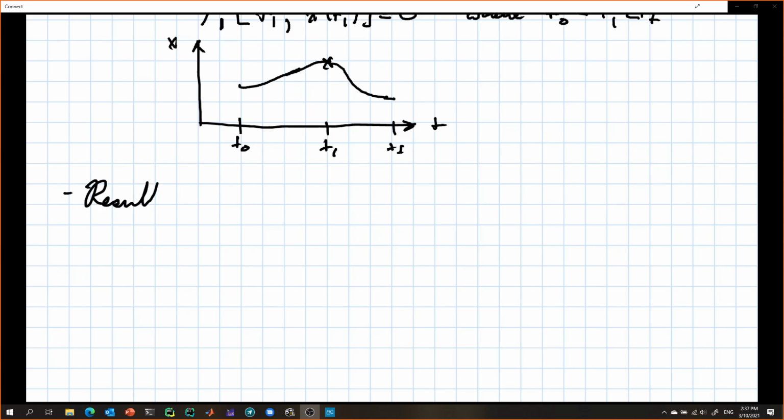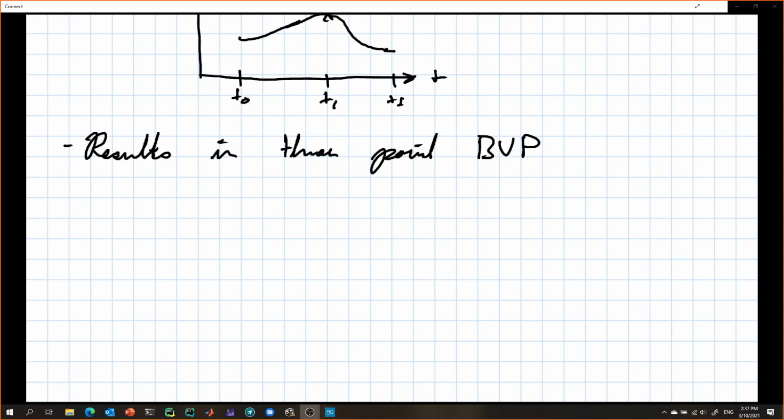So this results in a 3-point boundary value problem. As before, we've always had 2-point boundary value problems. This is a 3-point boundary value problem. And so we have minimize J with some initial cost, final cost, and here you could add your interior point cost too, but I'll just leave that out.